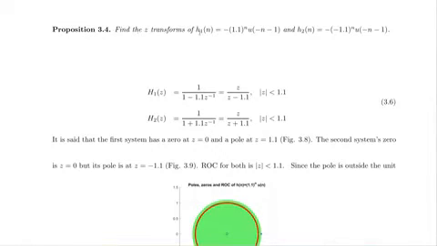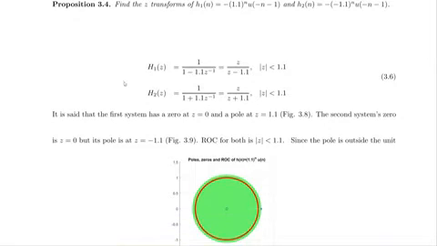Find the Z transforms of H1 of n equal to minus 1.1 to the power of n times u of minus n minus 1, and the second one, minus 1.1 to the power of n u of minus n minus 1. Okay, similarly, the transfer functions will be z over z minus 1.1 and z over z plus 1.1.